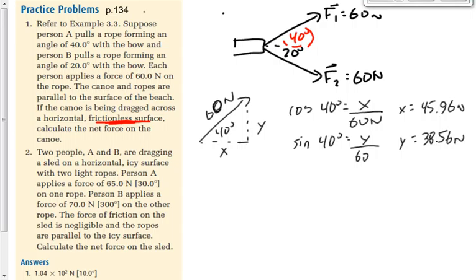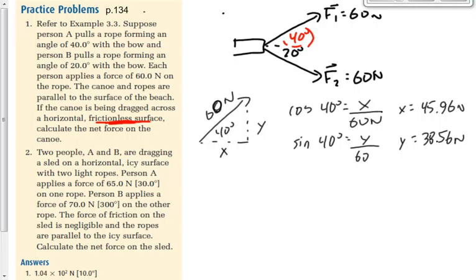Here's a little hint, guys. When you get an angle of 40 degrees, less than 45, you know your x component is going to be bigger than your y component, right? It has to be. If my angle is bigger than 45, then my x is going to be smaller than my y component. Well, I get a number here where my x is bigger, so I've probably done it right.